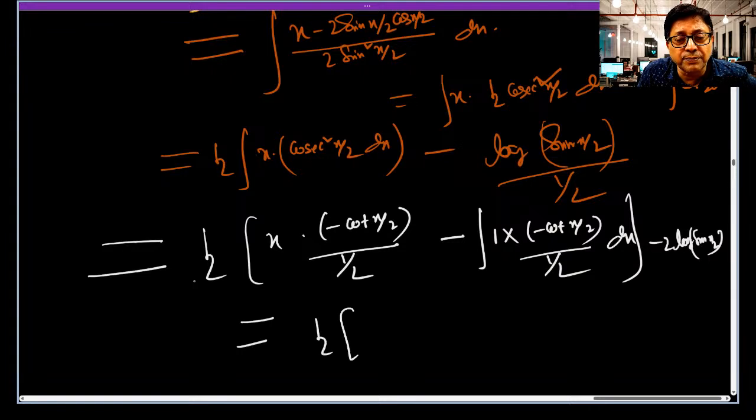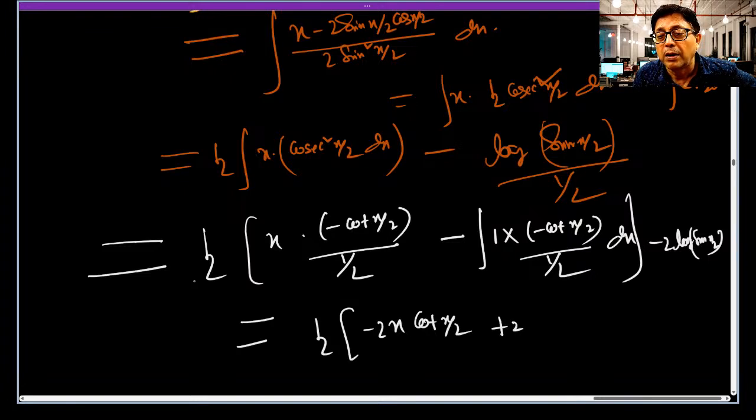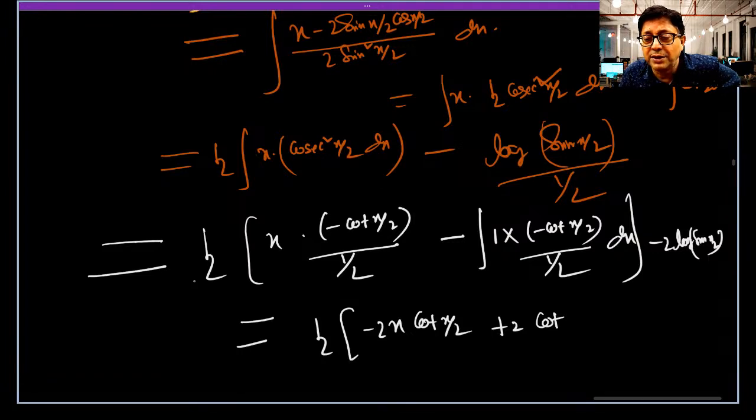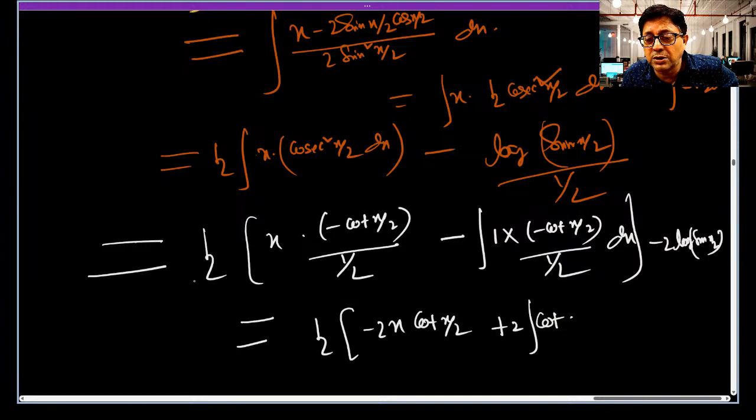So this is half, this one we have to do again. 2 outside, integration cot x by 2 dx. Not a problem. Minus 2 log sine x by 2.